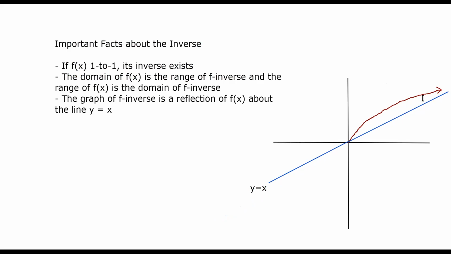The inverse of the square root of x function here is going to just be a reflection about this line. So imagine I was a better drawer. It's going to be a total reflection about it.